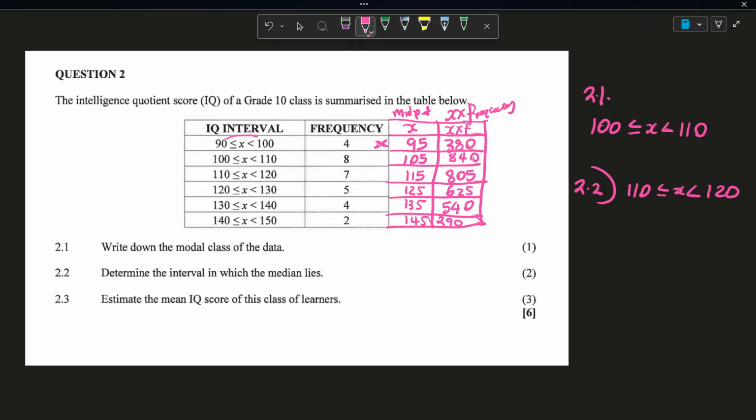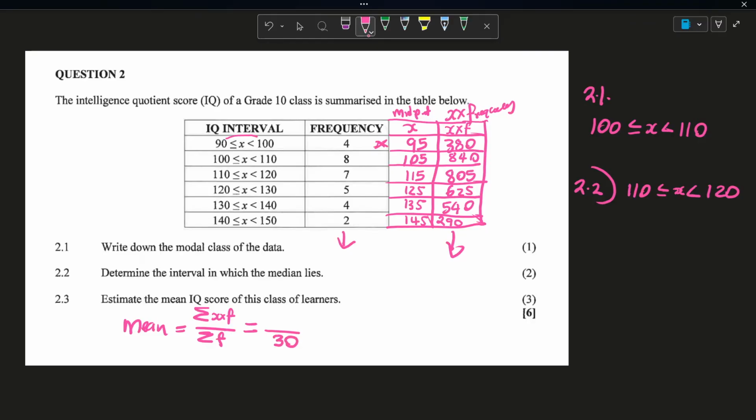Now, you are going to come here and say mean. What is the mean? It is the sum of x multiplied by f, over the sum of the frequency. This is what you do. Now, you're going to add the totals. Obviously, the sum of the frequency, you know that is 30.